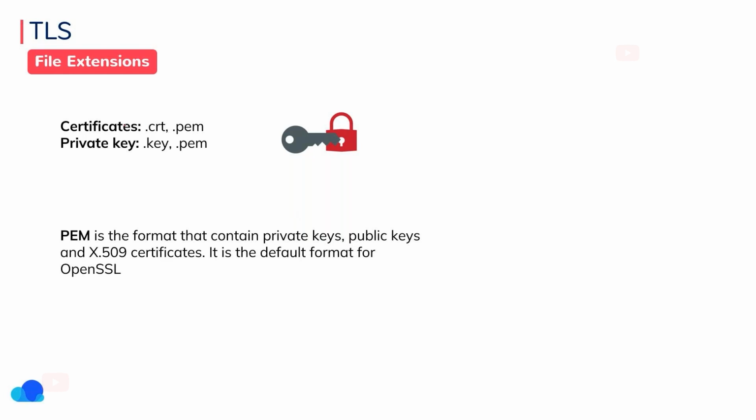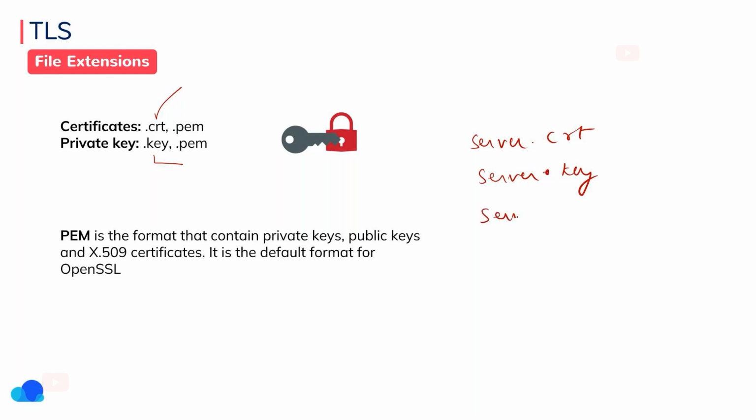But how do I identify whether this is a key or a certificate? How do I differentiate? Usually all certificates will have .crt, all keys will have .key. Otherwise, let's say I have generated two files, one is the certificate, the other is the key. If .key is the extension for this server, then this is the private key.